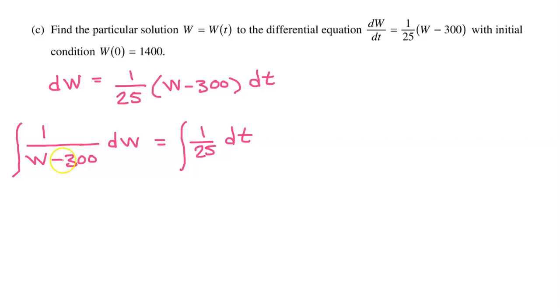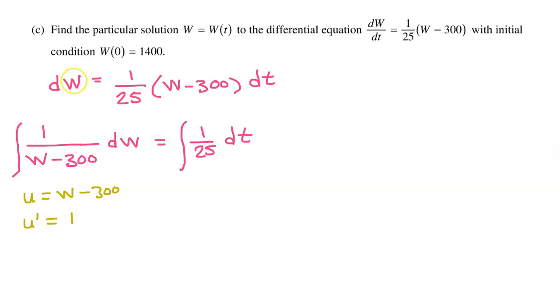We will use a mental u substitution right here on the left. Imagine that u is equal to W minus 300. We really wouldn't even write this down. In this case, u prime is going to equal 1. When you do the substitution, you always divide by u prime, but dividing by 1 changes nothing.